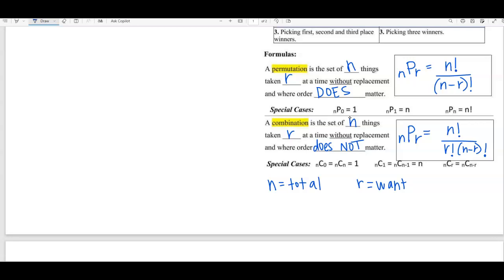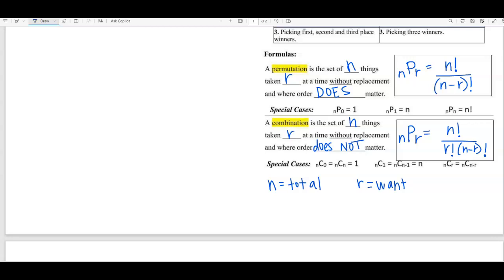If r is 0 and equals the n, then that equals 1. If r is 1, then this is n minus 1. That equals just n. And then we have here nCr special cases.